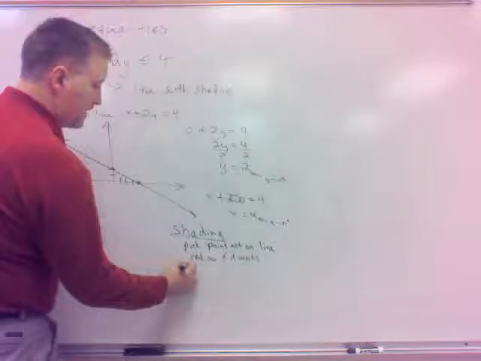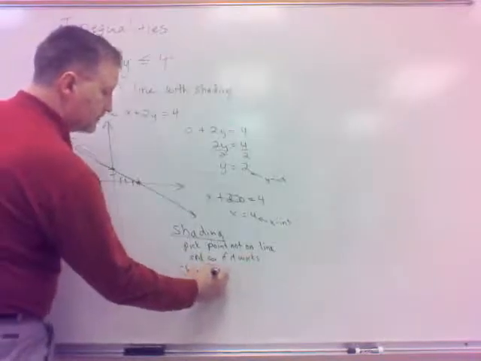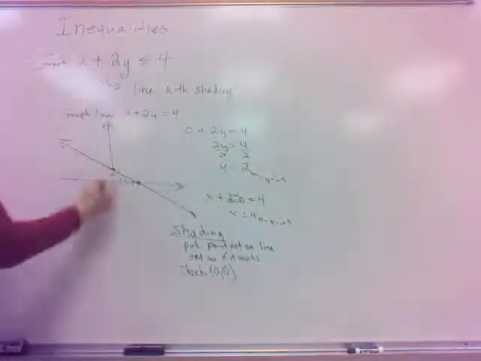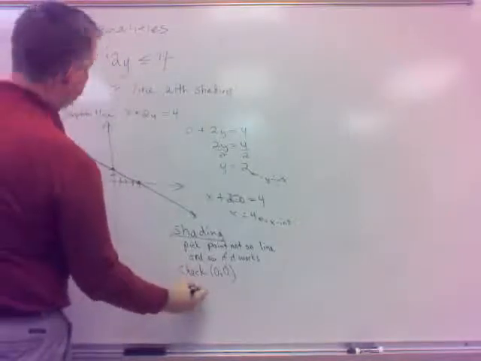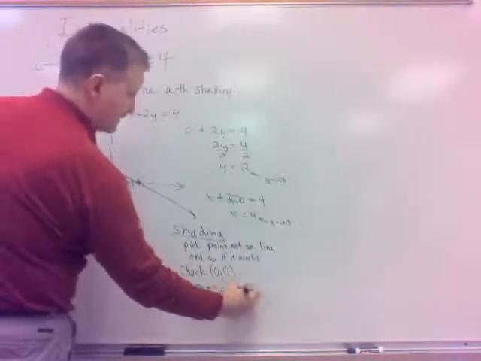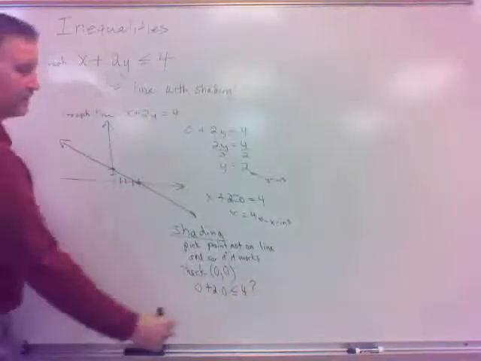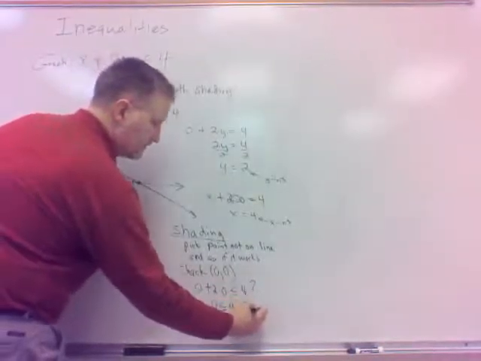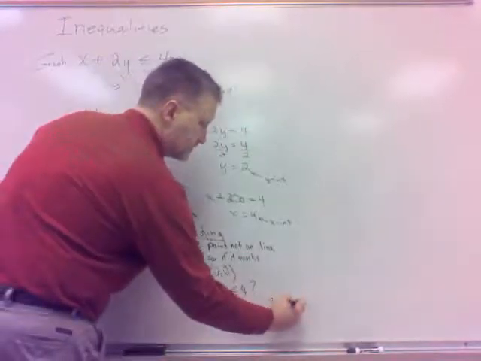All right, so let's check 0, 0 in my inequality. That's an easy one to check. It's not on the line. So just plug in 0 and 0 for x and y. And then ask, well, is that true or not? That 0 is less than or equal to 4, and that is true, isn't it? So 0, 0 works.